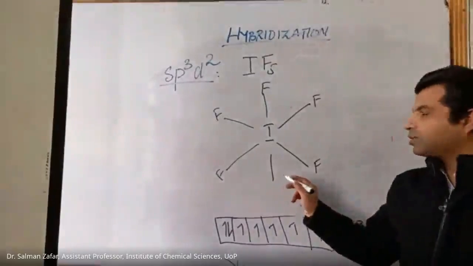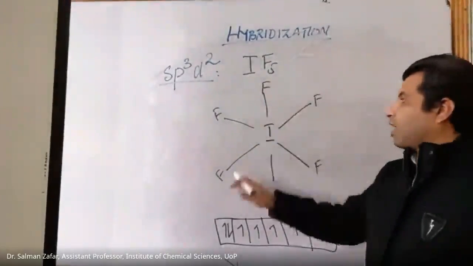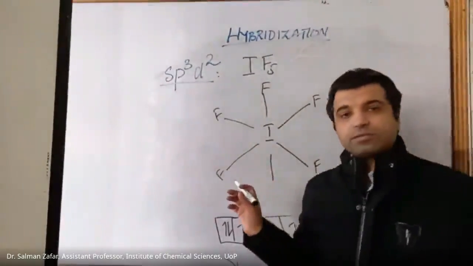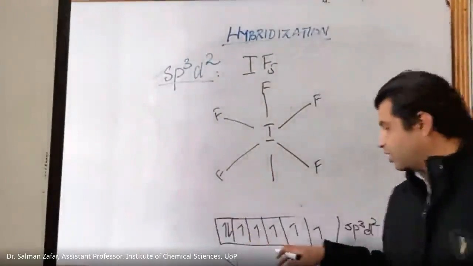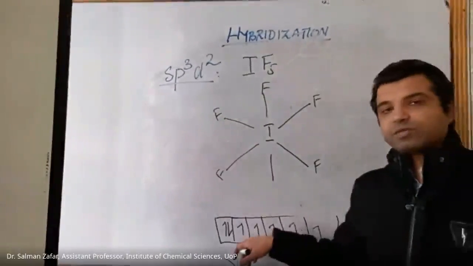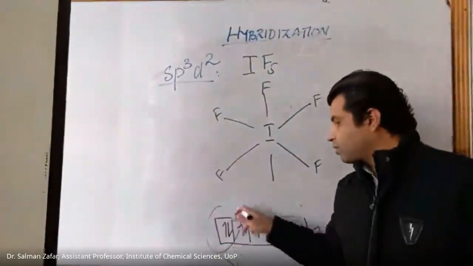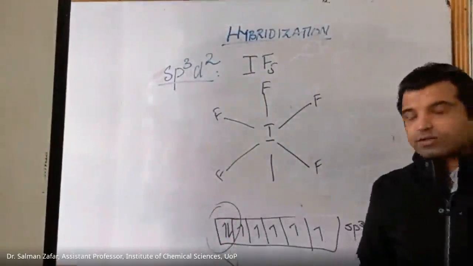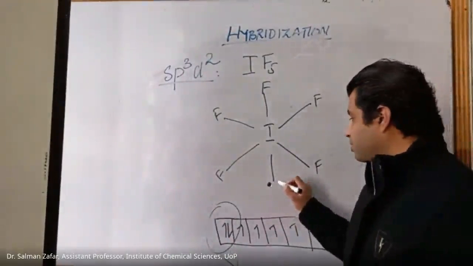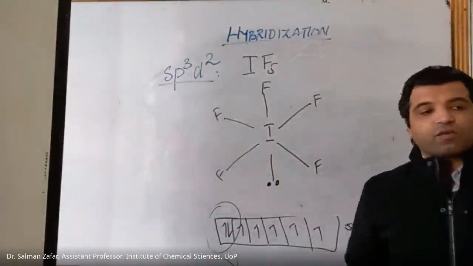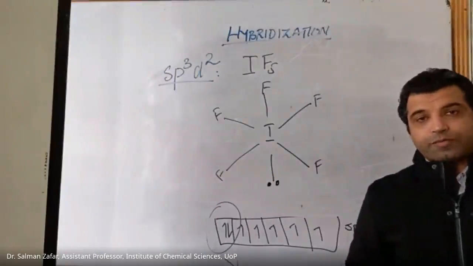What about this orbital? We have filled in 5 fluorine atoms. We do not have any other. And we have used up 5 sp3d2 orbitals. The 6th one has a pair of electrons. And that pair is present here in the form of a lone pair.